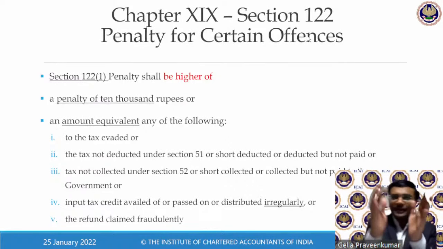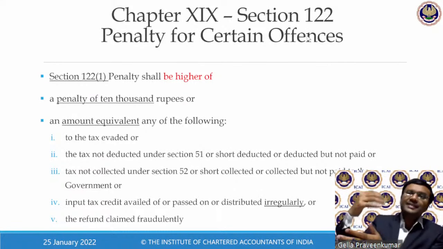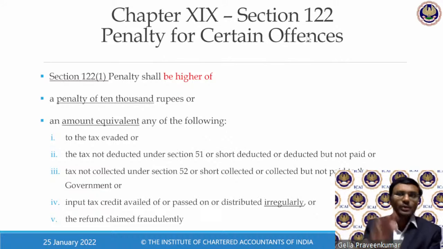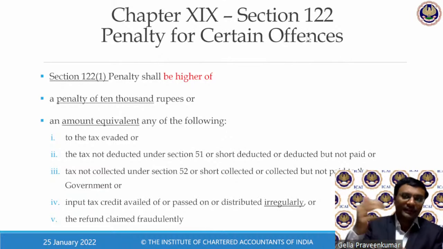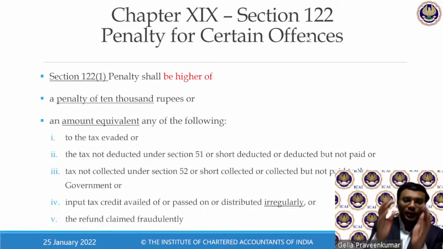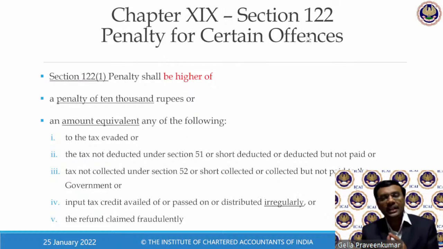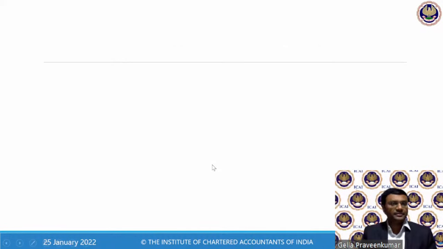Yes, Sairam, you have the material in your inventory, you raised an invoice, but you didn't supply the goods or services. Now, when the department officer comes for inspection, how do you prove it is a matter of question to deal with under Section 122. Namita says, is it possible to explain which point goes into which bucket point-wise? Definitely, Namita, I'll come to that.